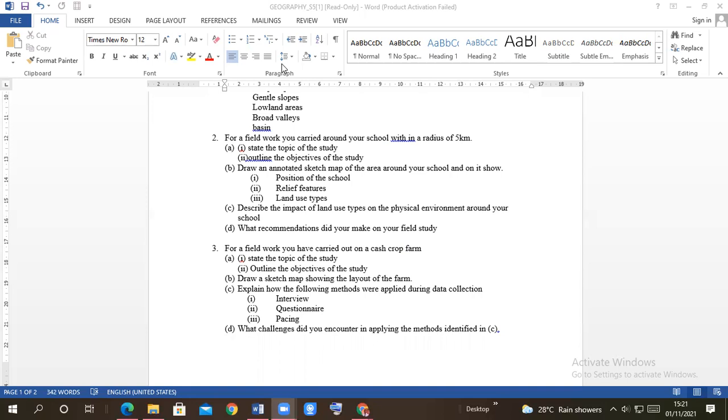The name of the crop, and it should be a cash crop. What is a cash crop? A cash crop is that crop which is sold outside, meaning that we have examples like cotton is a cash crop, tea is a cash crop, coffee is a cash crop. What else? Is sugar cane a cash crop? Teacher, huh?